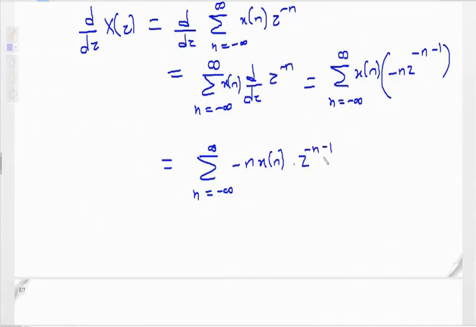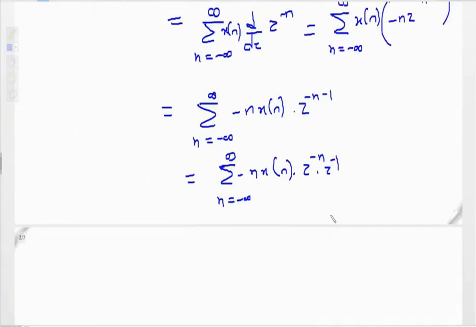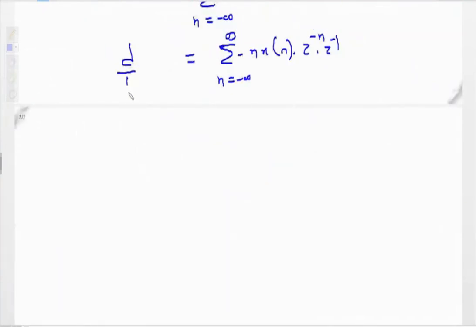This z raised to minus n minus 1 can be written as z raised to minus n dot z raised to minus 1. Then this side is nothing but d by dz x of z. Okay, so almost we have proved.